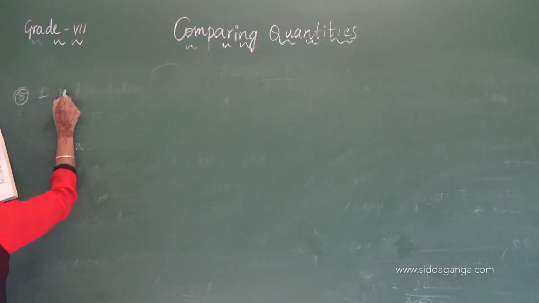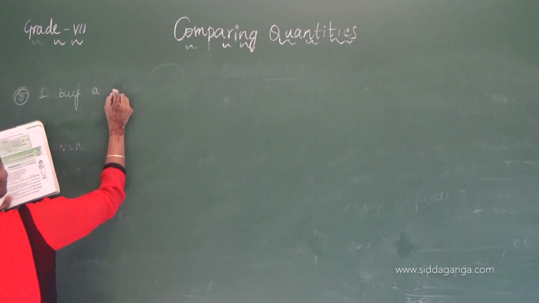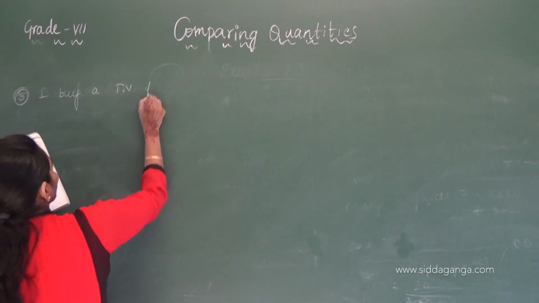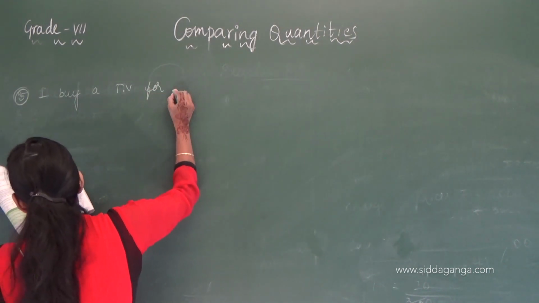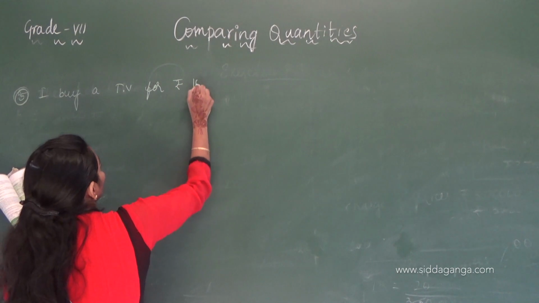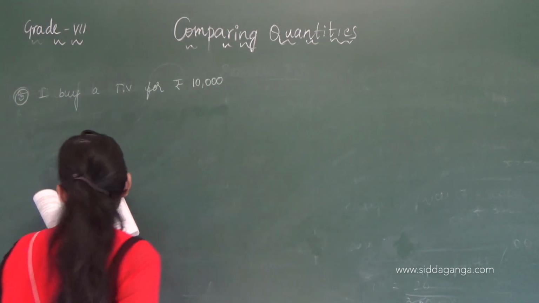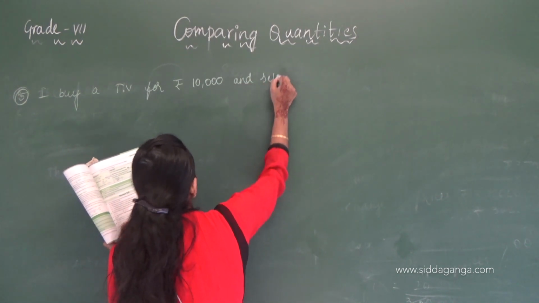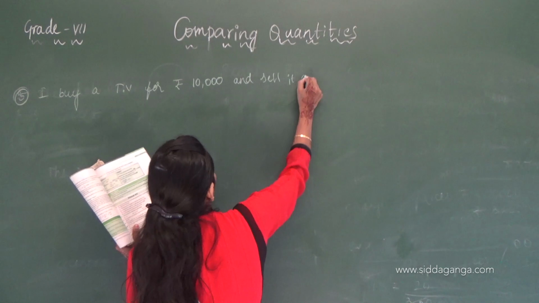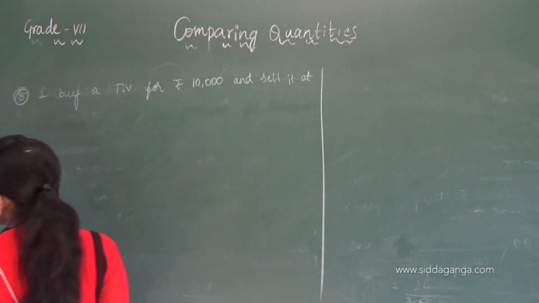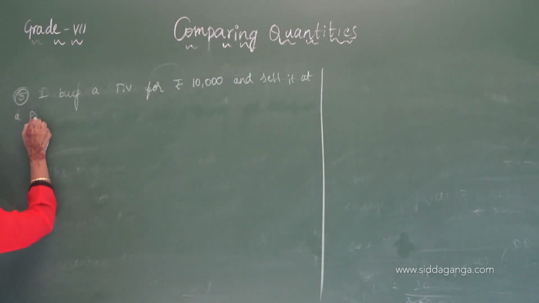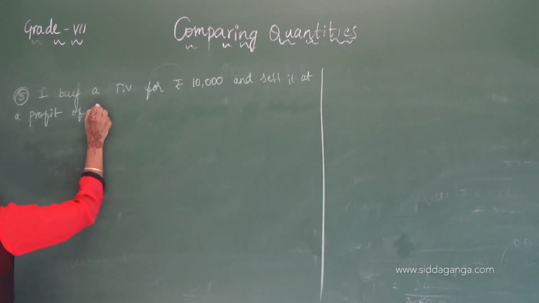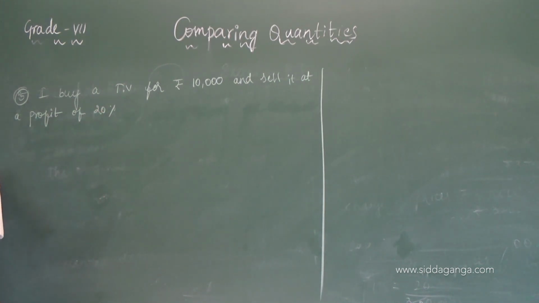I buy a TV for rupees 10,000 and sell it at a profit of 20%.